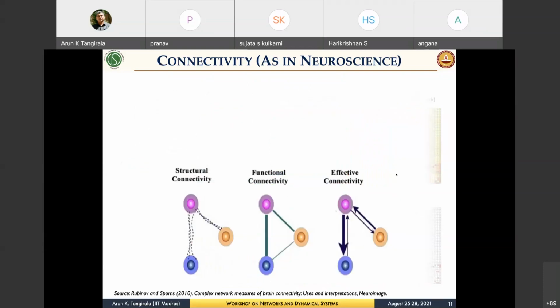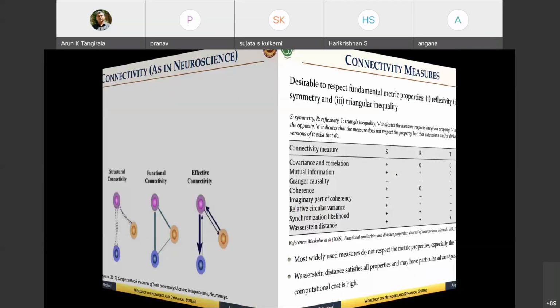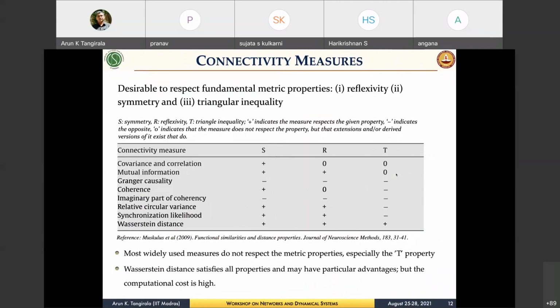So in this regard, I just want to draw your attention to a very interesting paper that unfortunately has not received much attention. This is a paper that appeared in 2009, which talks about the different connectivity measures and what are their properties and what is it that is desirable.